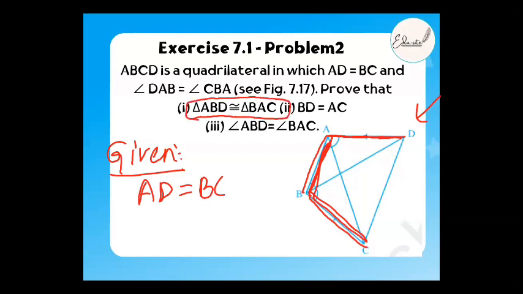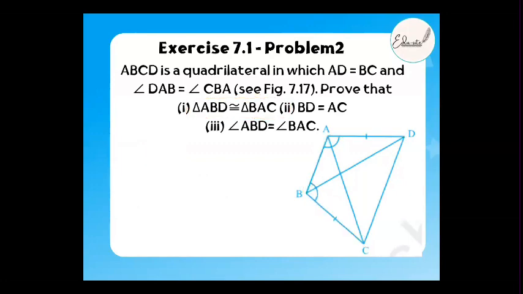Now just leave everything behind and consider triangle ABD and triangle BAC. Where is triangle ABD? This triangle, right? Another triangle is triangle BAC. How can you prove these two triangles congruent, Laiba? We just have to consider what's given.